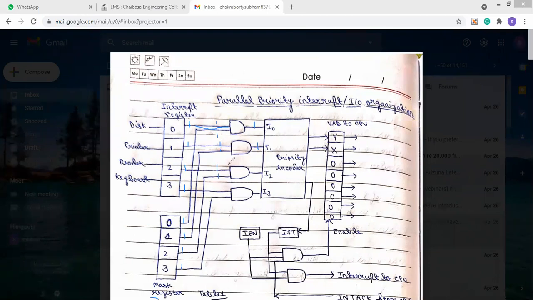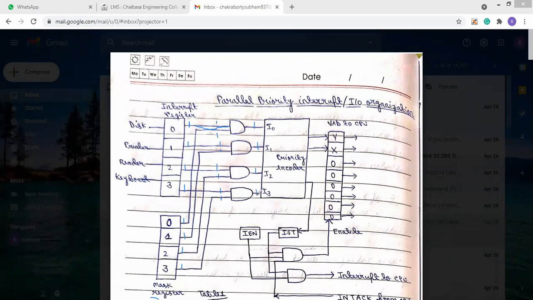So the AND operation is performed, 1 into 1, and the output will be 1. The same for the keyboard. The interrupt register output is 1 because it generated an interrupt, and from the mask register the value is initially 1, so 1 into 1 is 1.